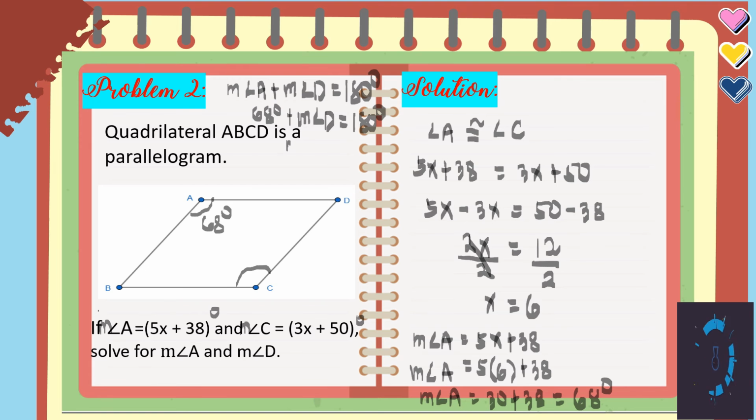By the addition property of equality, then we can get the measure of angle D: 180 degrees minus 68 degrees. So therefore, the measure of angle D is equal to 180 degrees minus 68 degrees is equal to 112 degrees. So this is 112 degrees.